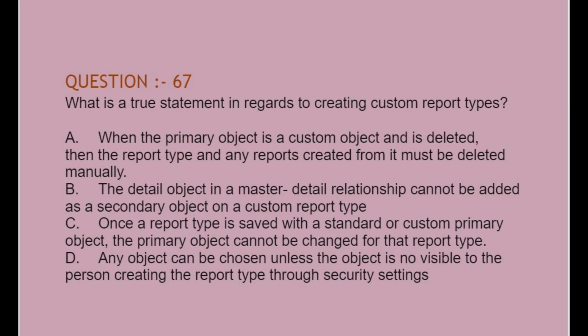Option C, once a report type is saved with a standard or custom primary object, the primary object cannot be changed for that report type. Option D, any object can be chosen unless the object is not visible to the person creating the report type through security settings.